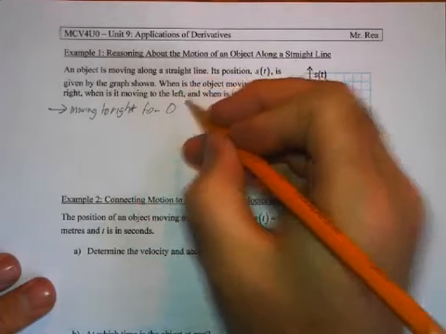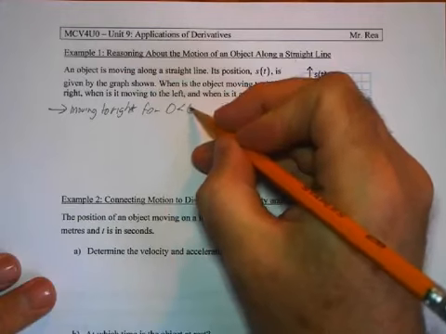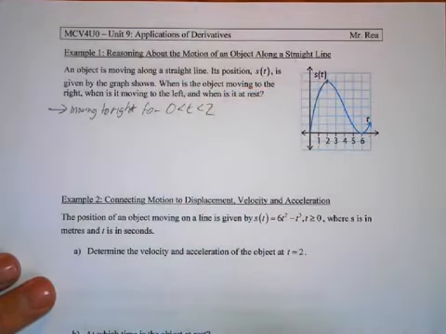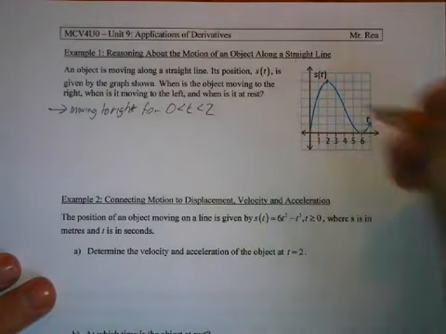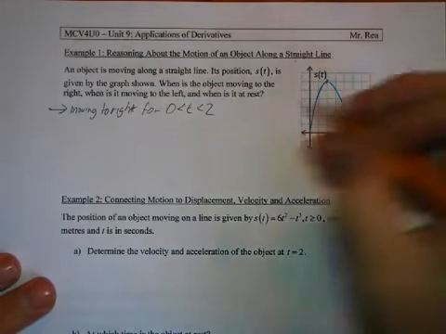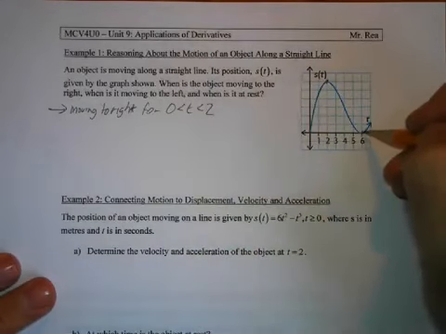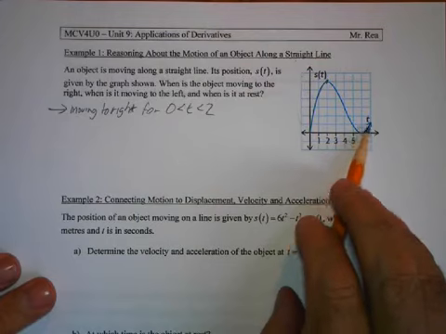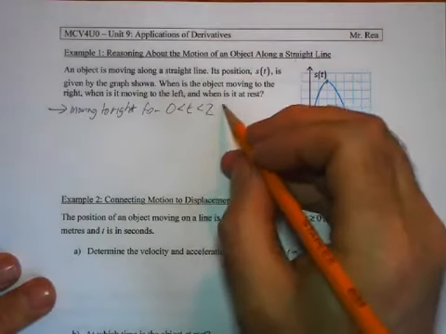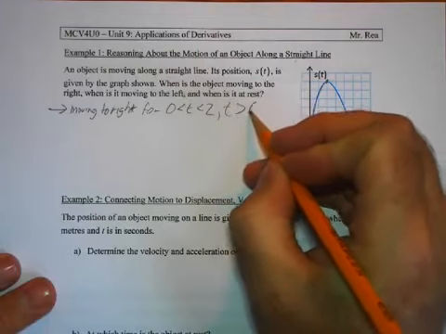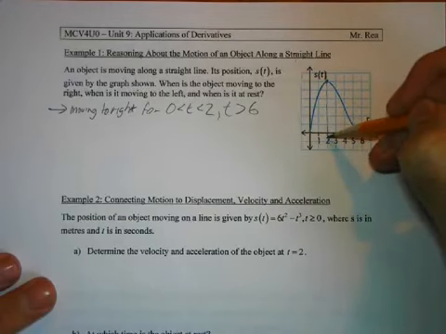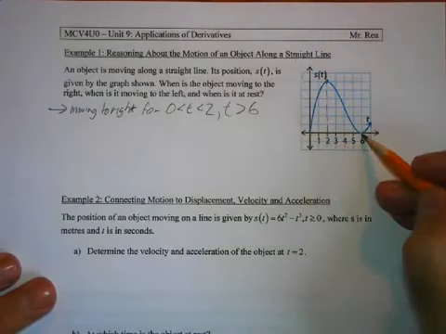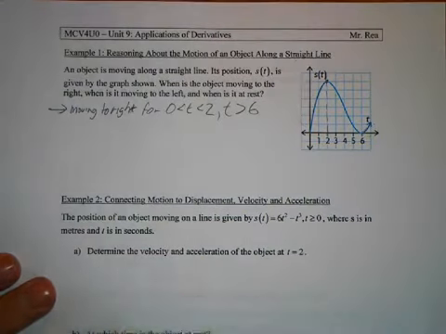And also at 6 seconds, it's also moving away. It has a positive speed because the tangent there is positive. So we'd add on t also greater than 6. So between 0 and 2 seconds and greater than 6 seconds, the object's moving to the right.